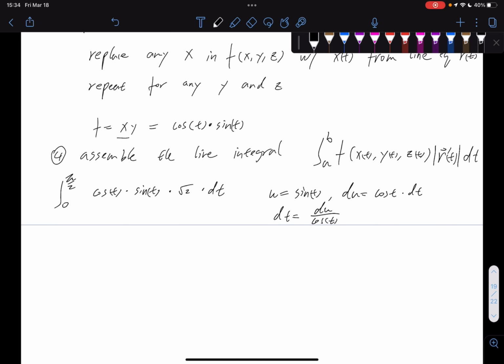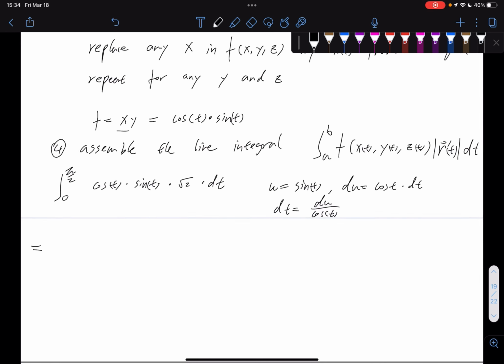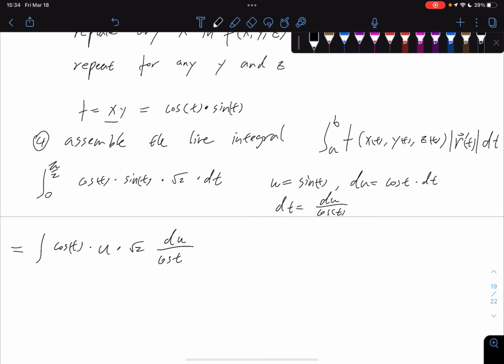Then this integral becomes cosine t, u, times square root of 2, du over cosine t. And then cosine t cancels out. That leaves us with square root of 2 times the integral of u du.